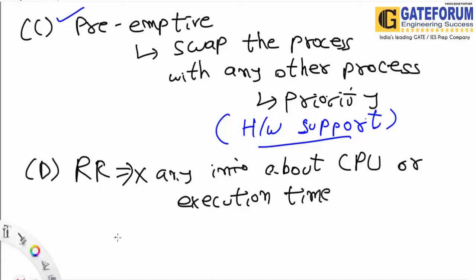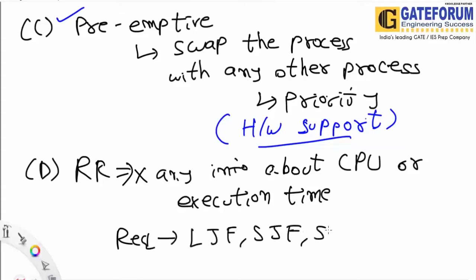It would be required in the case of LJF, SJF, SRTF, which are related to the length of the CPU time, or LRTF. Only in these is the length of the CPU time required.